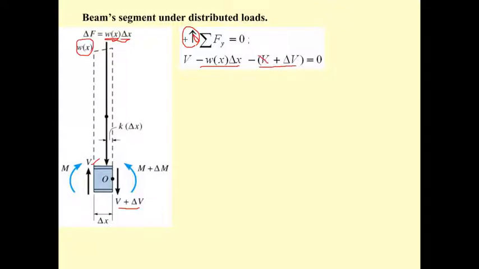So this V will cancel with this V, and then we have delta V equal to minus w delta x. And if delta x gets smaller and smaller, this equation changes to dV/dx, the slope of the shear diagram, equal to the negative of the applied distributed load, as we concluded before.